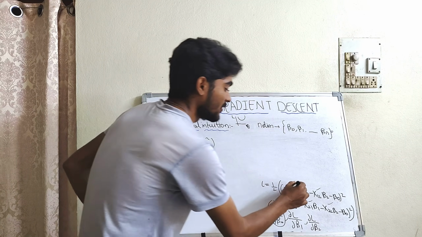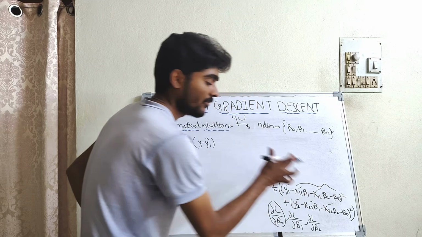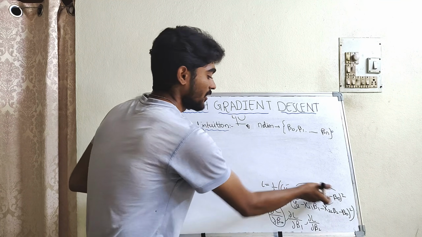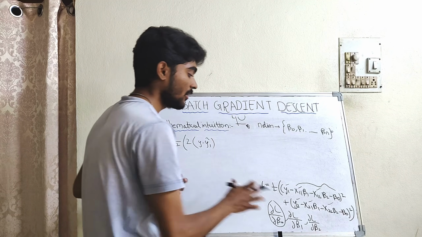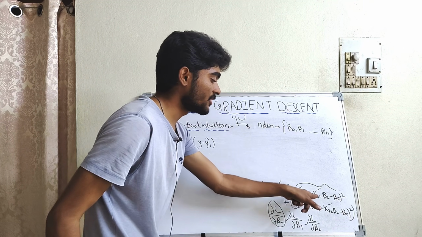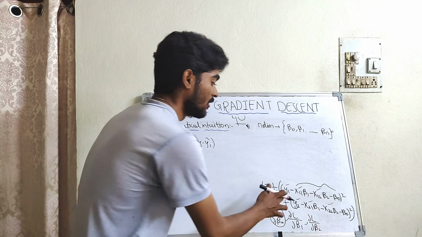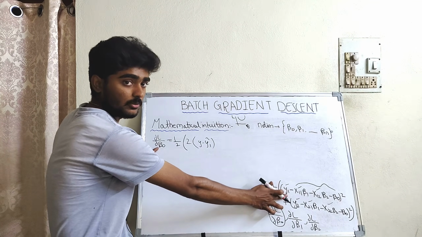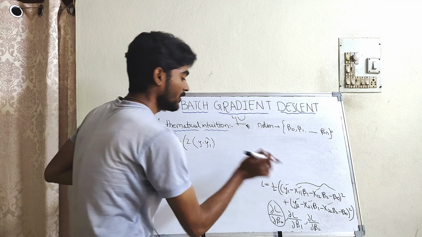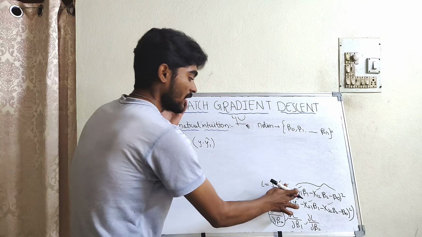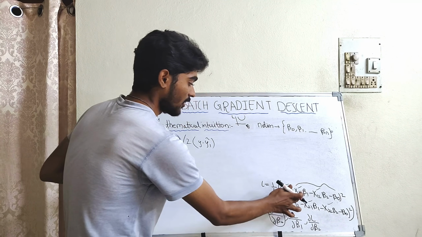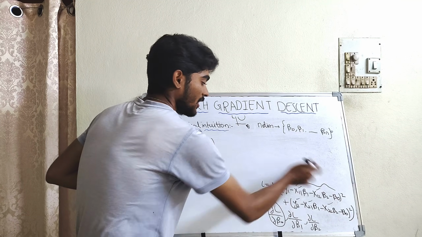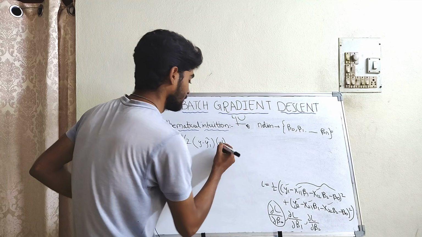I'm writing this entire term as y1 hat because it would be a lengthy equation. Now you differentiate the inside terms. When you differentiate y1 with respect to beta naught, it is a constant, so it becomes 0. Differentiating x11 beta 1 with respect to beta naught also gives 0, and what remains is minus 1.